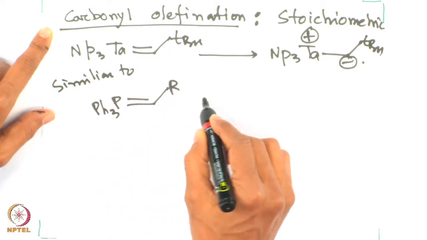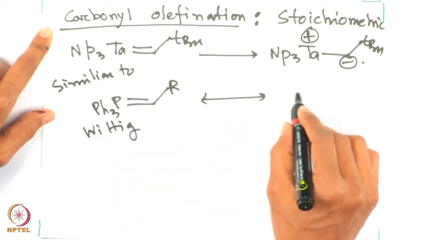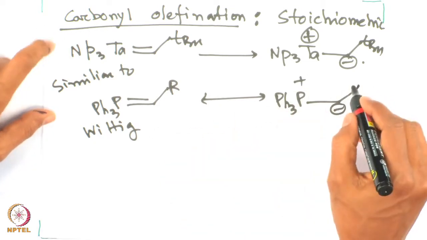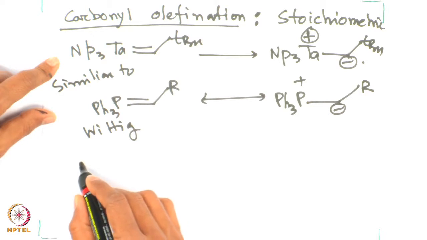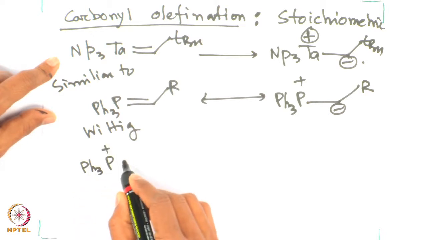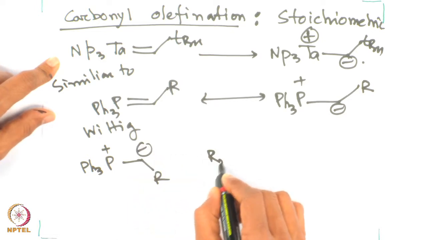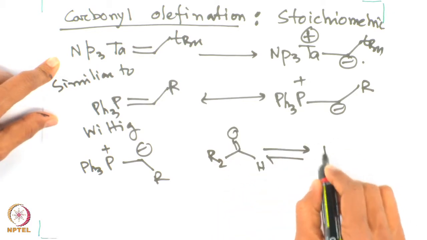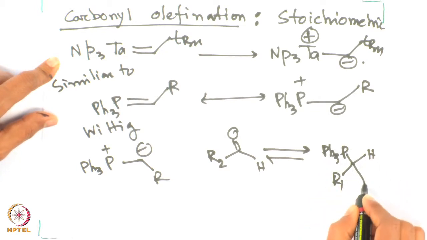This is your Wittig reagent and this is an equivalent thing for a Schrock carbene reaction. Now, overall what you do in the Wittig reaction is this triphenyl phosphine and this alkylidene equivalent you react with, let us say, an R2 aldehyde to give an intermediate where you have HR1 and, let us say, HR2O minus.